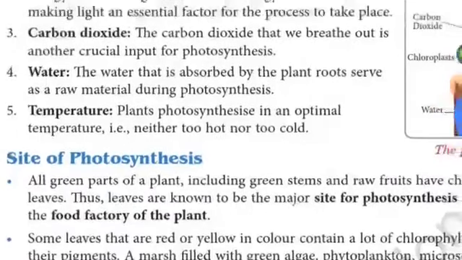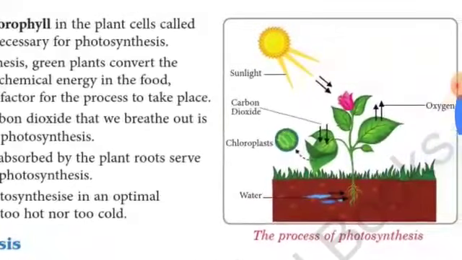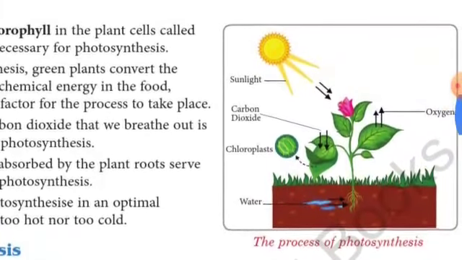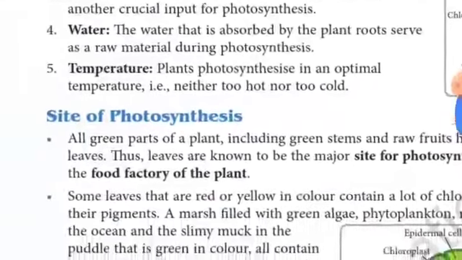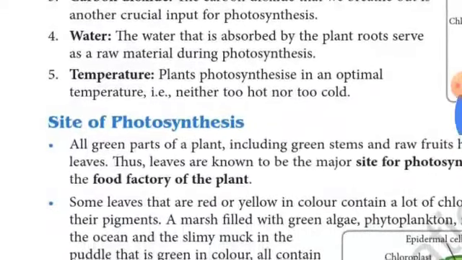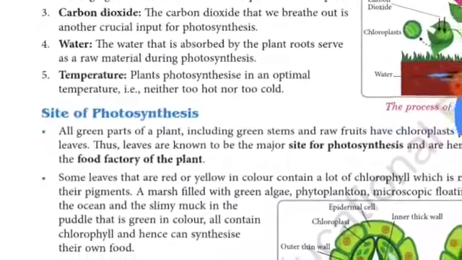Now come to the topic, site of photosynthesis. Now what you will do, you will also draw this diagram of the process of photosynthesis in your copy. What is site? Site means the area, the location where photosynthesis takes place in plants.